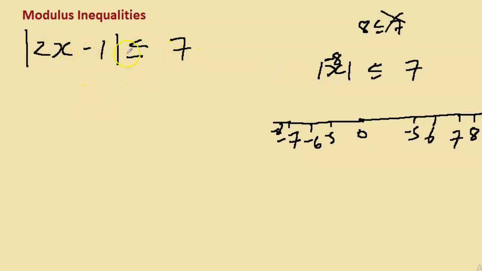So once it's less than, whatever you have between the modulus sign, 2x minus 1, is less than or equal to 7 and greater than or equal to minus 7.